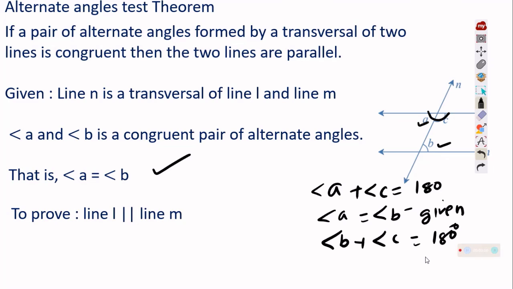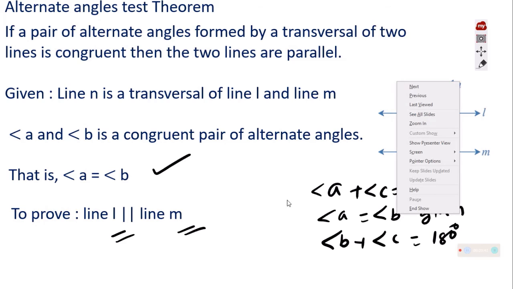So from this we conclude that as the alternate angles formed are congruent, in this case A and B, because we could prove that when added with C both give 180, we will say that line L is parallel to line M, using the theorem in a different, opposite way. We will say it is a converse theorem.